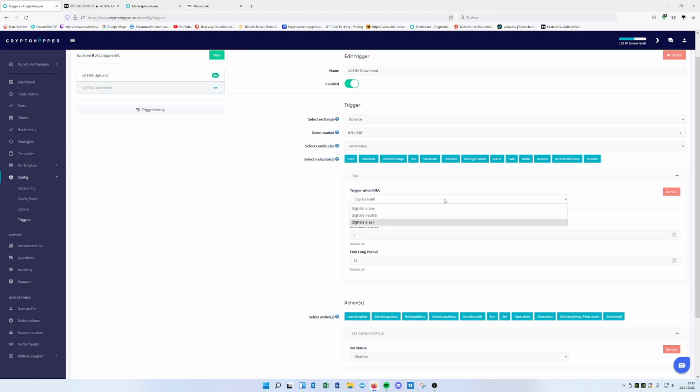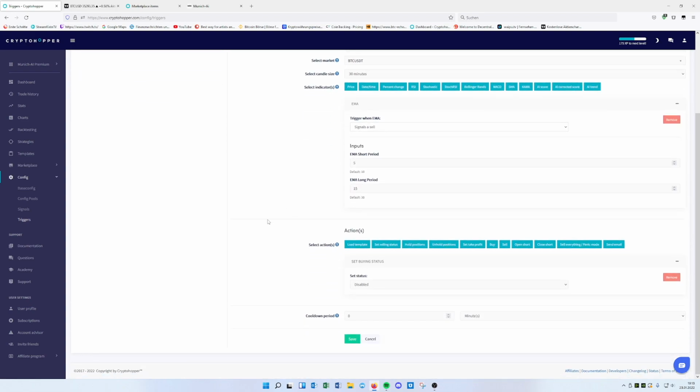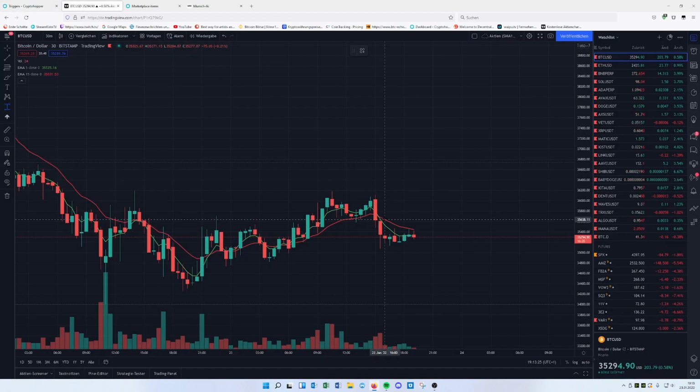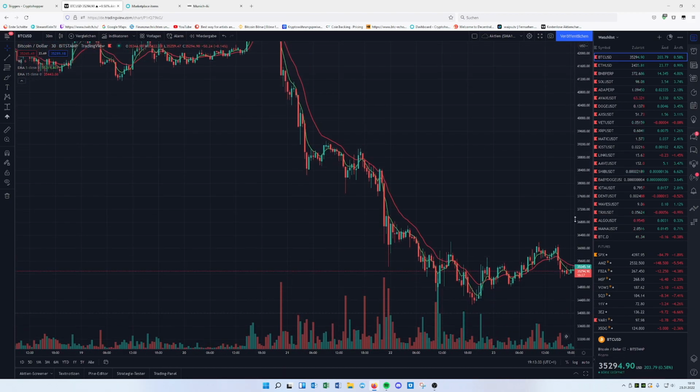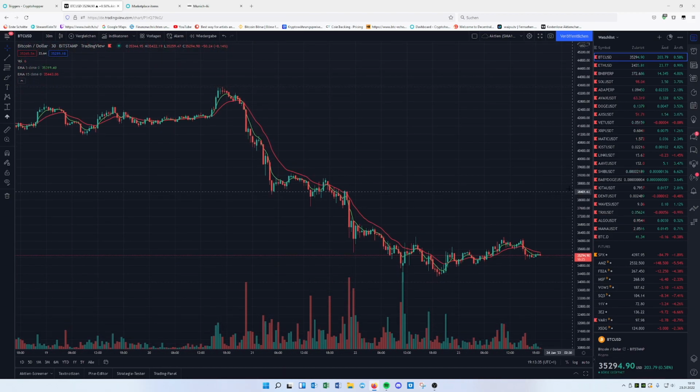You need to set signal a sell, then 5/15 again, looking in the same period, and here you're just setting the buy status the same way, selecting it here and putting on disabled, because we don't want the hopper to buy when we have a downtrend.